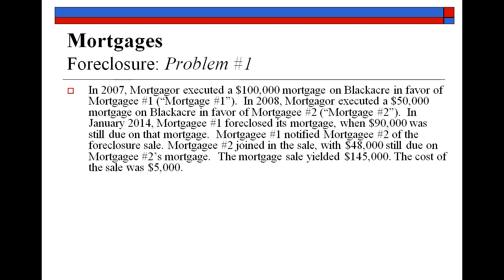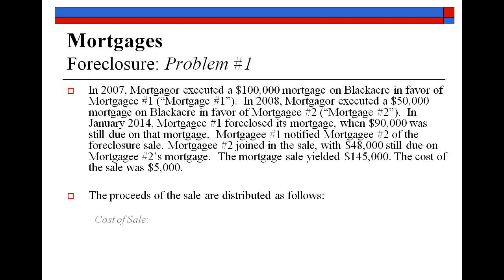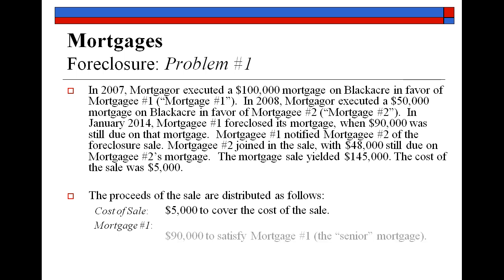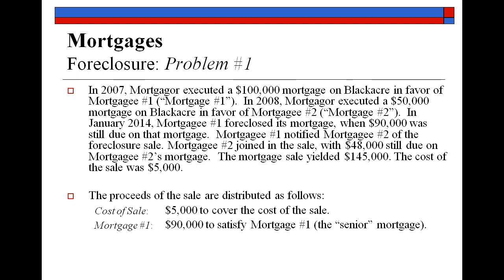We start first with the cost of sale, which is $5,000. Then we go to mortgagee number one, who is the foreclosing mortgagee. Mortgagee number one is due $90,000, so mortgagee number one gets the full $90,000, which satisfies, that is, fulfills that mortgage. Then we move to mortgagee number two.